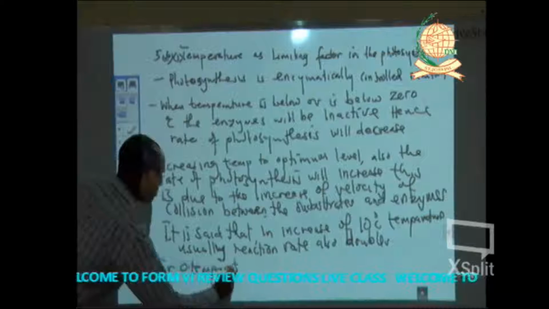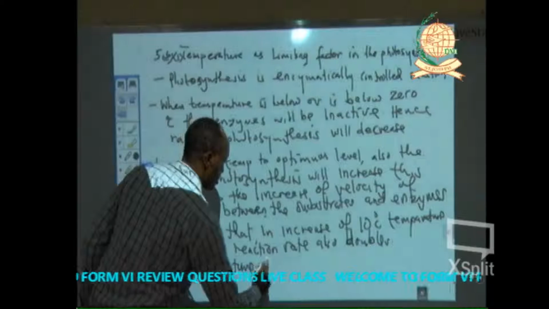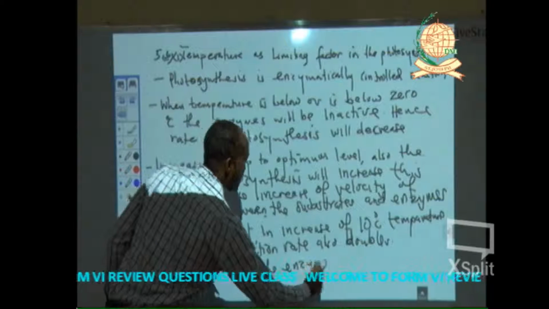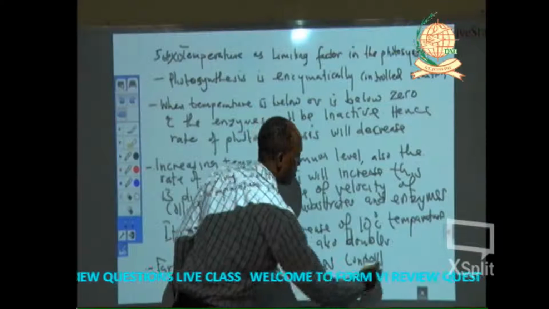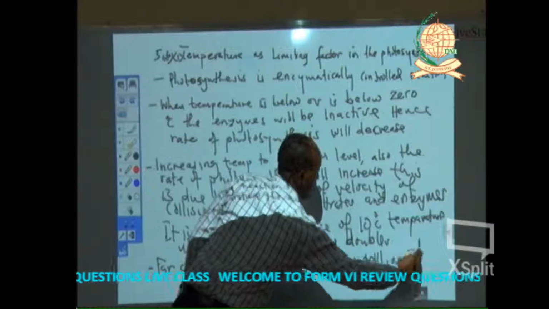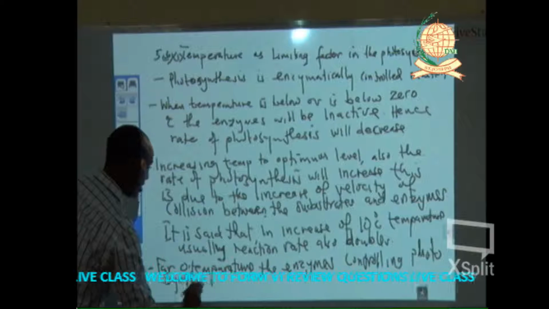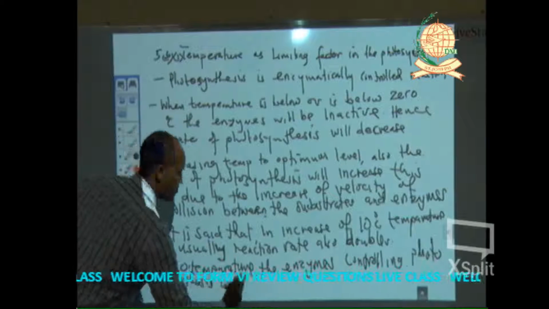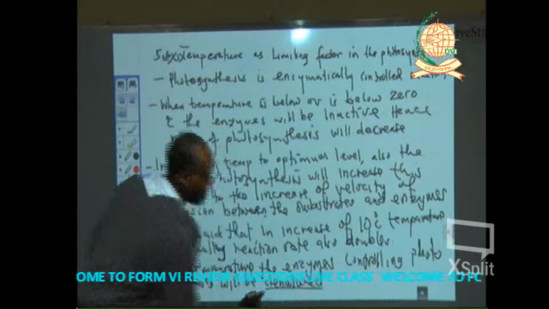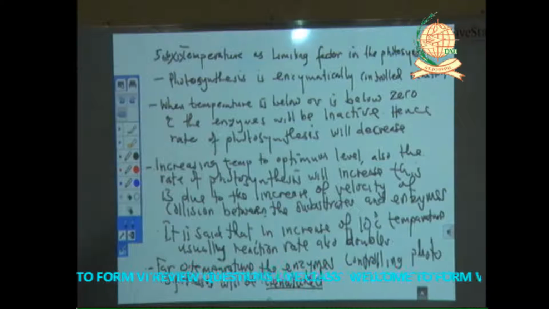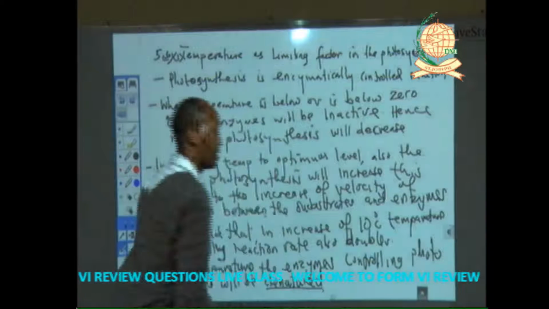Then above the optimum temperature, the enzymes of photosynthesis will be denatured, and consequently the rate will decrease.